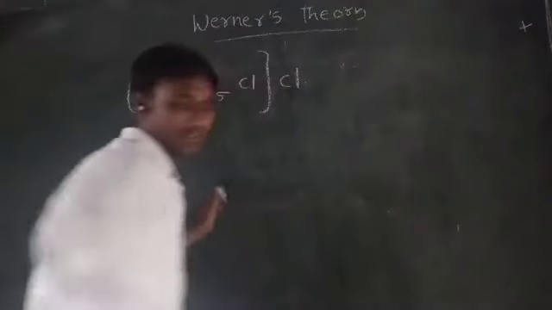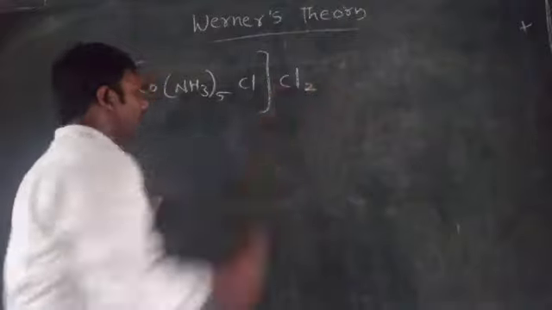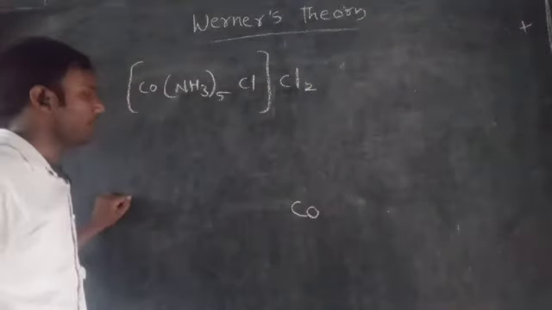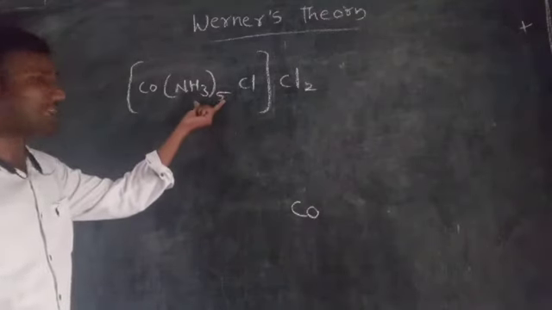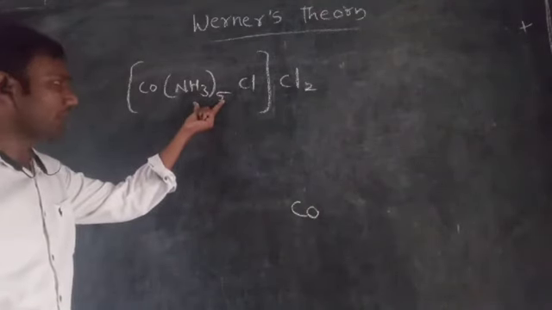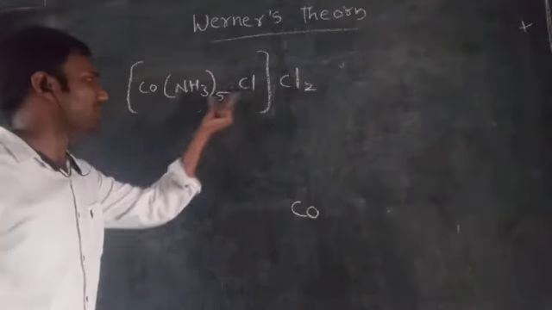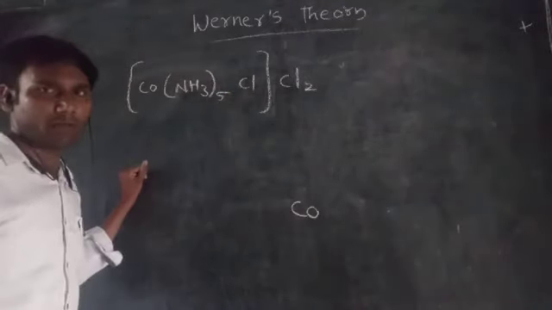First of all, I am writing the central metal atom cobalt here. This is the cobalt. Right? Next, ligands. How many ligands are there? 5 ligands are present. Okay. So now here 5 ligands are present, and 1 chlorine is present. Both species donate the electron pair to the cobalt.